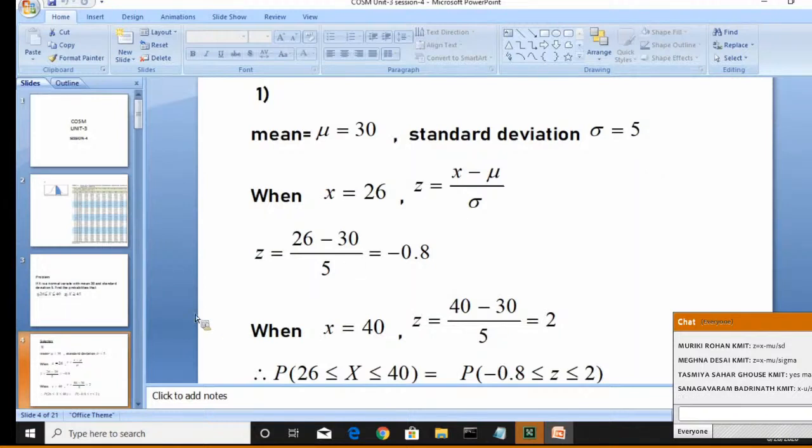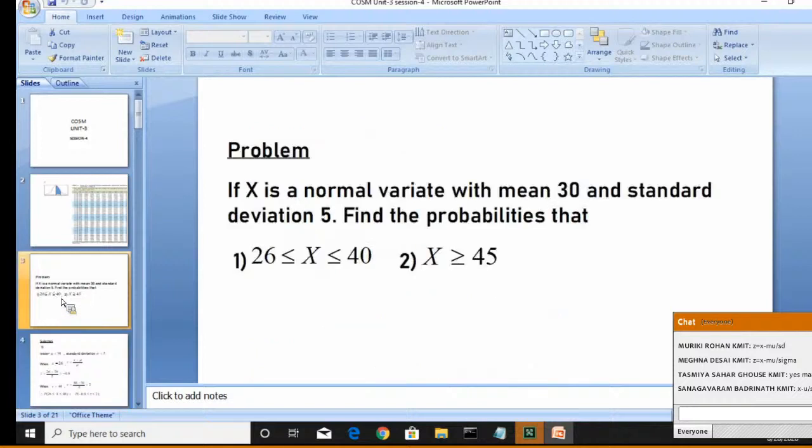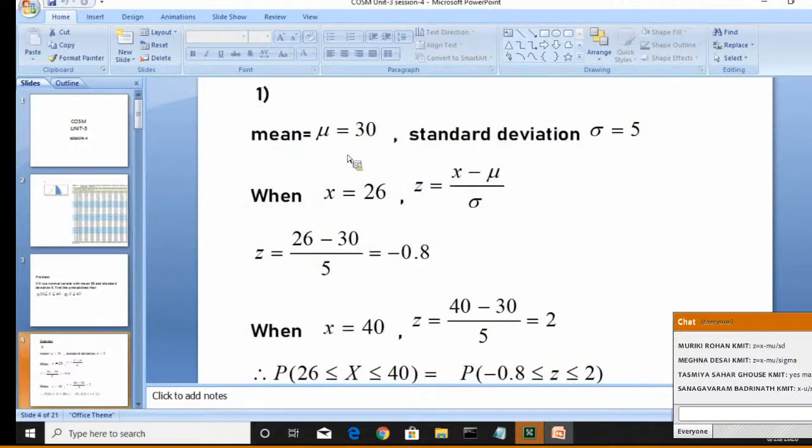It is clear, it is given in the problem. You can note down the problem, all of you. X is a normal variate with mean 30 and standard deviation 5. So we have mu equal to 30 and standard deviation sigma equal to 5.